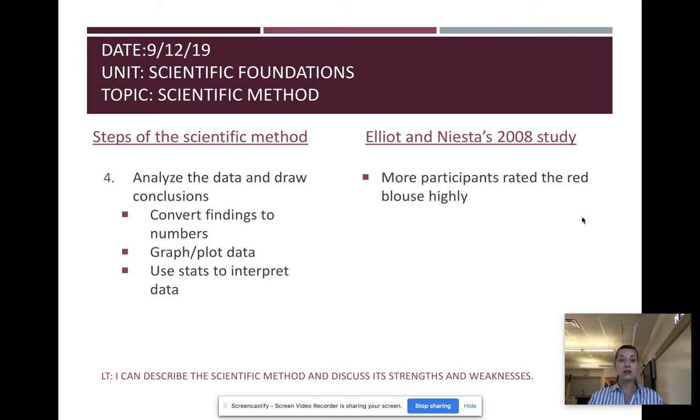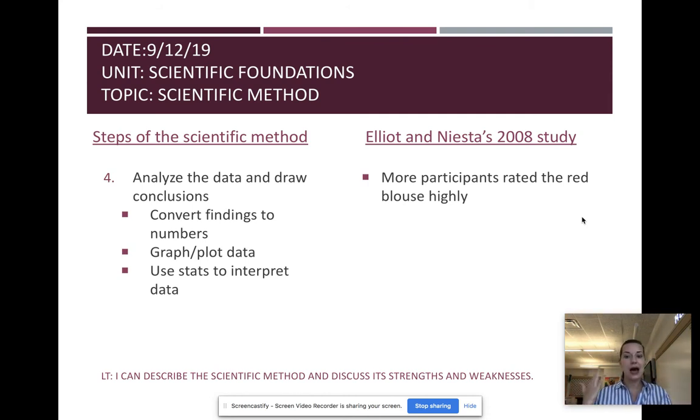So then when they're analyzing the data, which is our fourth step, and drawing conclusions, right? In this step, we're going to convert findings to numbers. So for instance, in our questionnaire, they're going to look at the ratings that straight men gave the red blouse and that they gave the blue blouse, and they're going to put numbers to those.